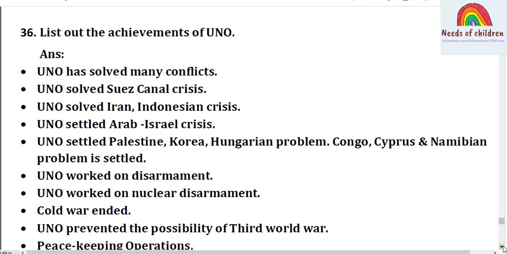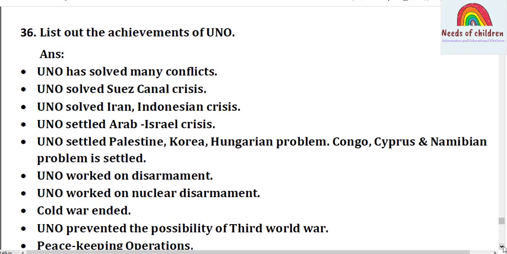UNO has solved many conflicts. UNO solved the Suez Canal crisis, the Iran-Indonesian crisis, and the Arab-Israel crisis. UNO settled the Palestine, Korea, Hungarian, Congo, Cyprus, and Namibian problems.